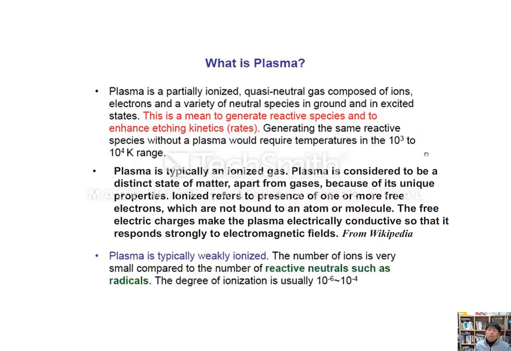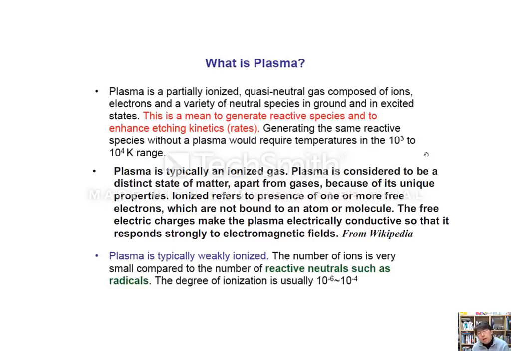And then, before we move on further, we need to talk about the plasma, right? Plasma is a partially ionized quasi-neutral gas composed of ions and electrons and a variety of neutral species in ground and in excited state. So this is a very interesting state, right? This means it generates the reactive species and enhances the etching kinetics.